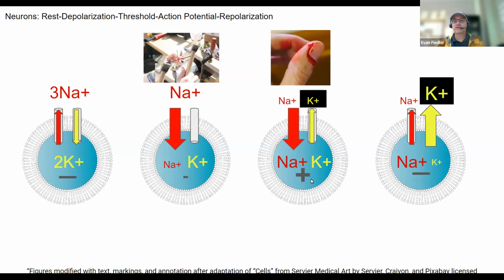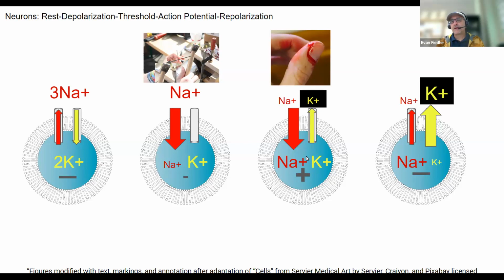And when it reaches threshold, it's going to fire what's called an action potential. At that point, the intracellular environment has become positive because it'll go from negative 70, negative 55 millivolts to about plus 30, plus 35 millivolts in the change in charge intracellular.